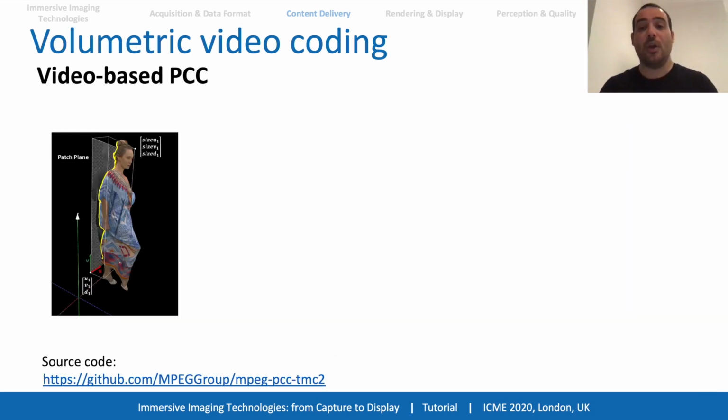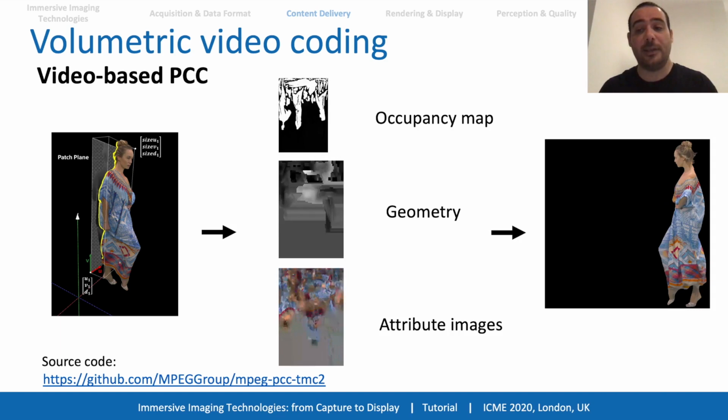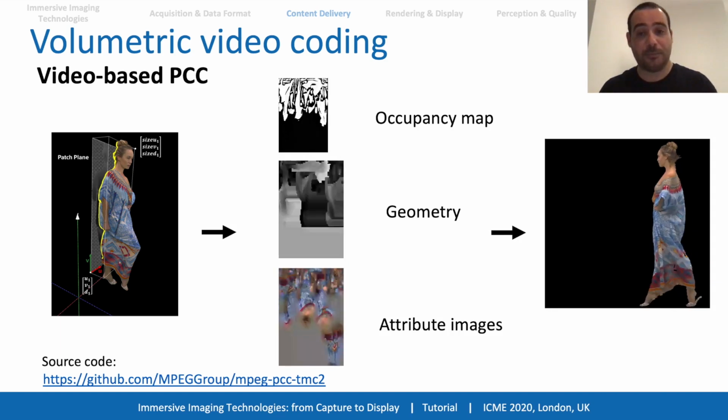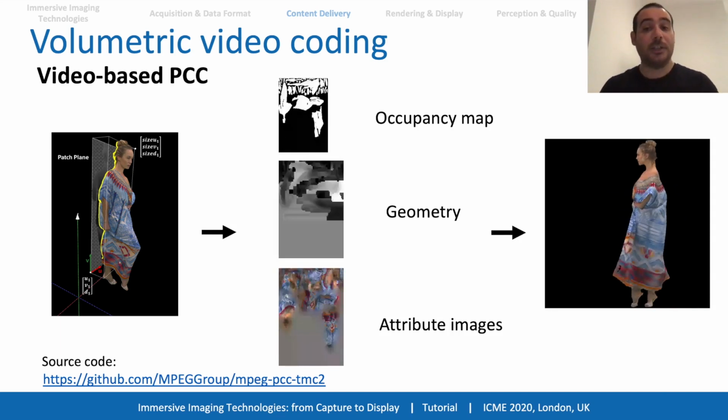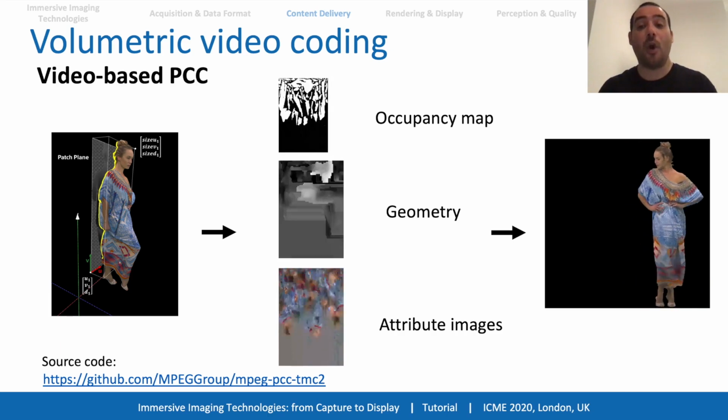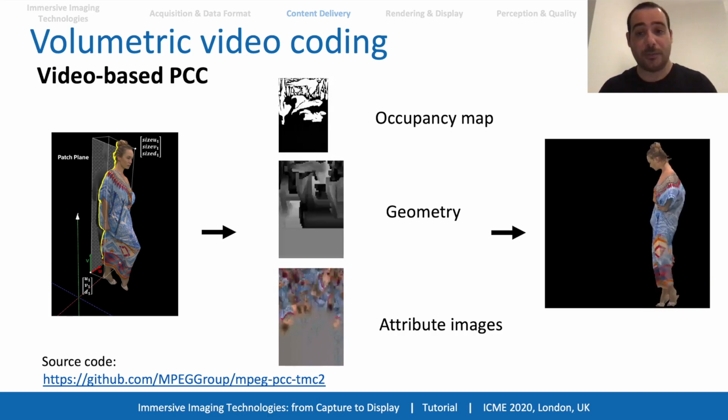The VPCC coding approach is based on 3D to 2D projections. These solutions generate 3D surface segments by dividing the point cloud into a number of connected regions, called 3D patches. Then each 3D patch is projected independently into a 2D patch. This process results in a collection of information.